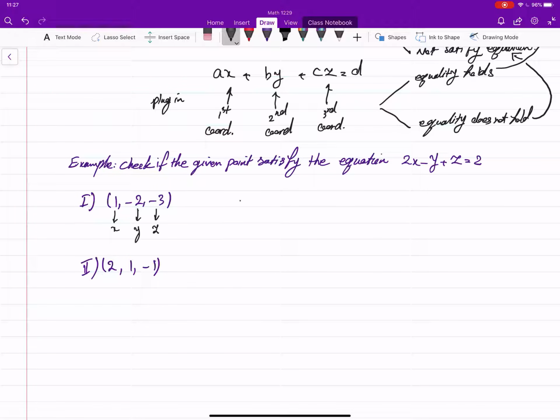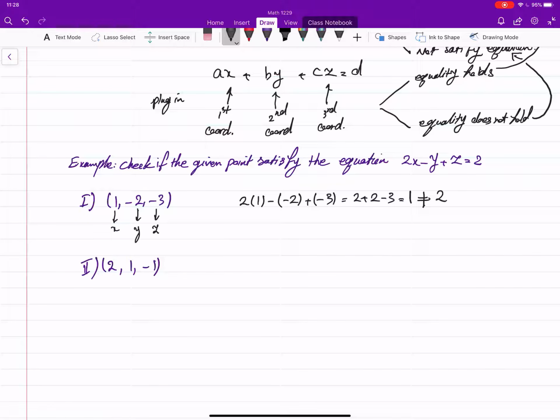Okay, let's do this. For x you plug in 1, minus, for y plug in -2, and for z plug in -3. This is 2 plus 2 minus 3, which is equal to 1. The equality says that this expression is equal to 2, but what we found was 1.